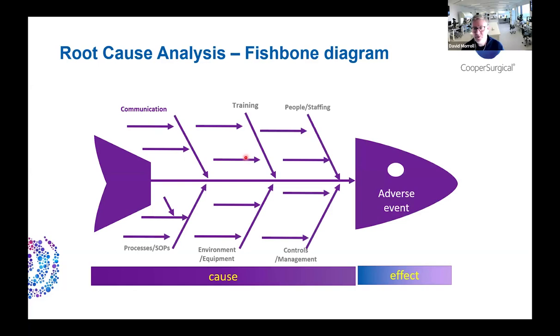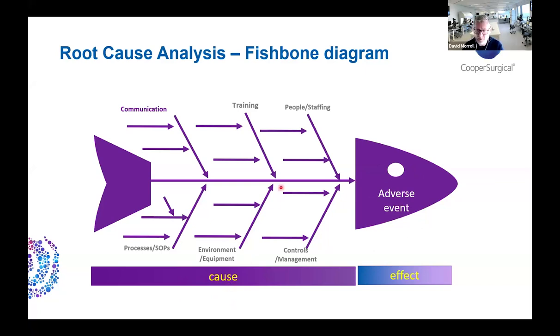Now, there's a number of different methods or little schemes that you can use to do root cause analysis. The classical one is this one, the so-called fishbone diagram, where you have some sort of negative event, the effect, and what you do is trail back through possible causes to identify the bits that have contributed.